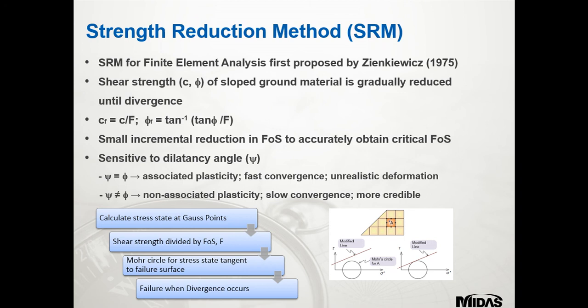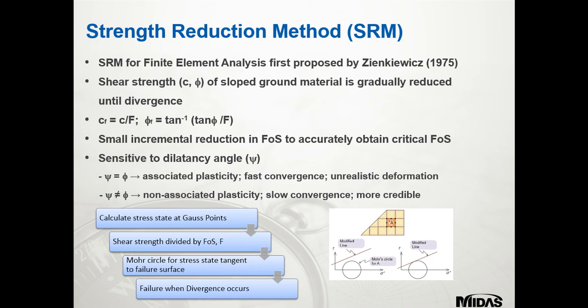Critical cohesion is given as C critical, which is C initial divided by the factor of safety, and critical friction angle is given as phi critical, the tan inverse of tan of the initial friction angle divided by the factor of safety, as shown in the expressions here on the screen.